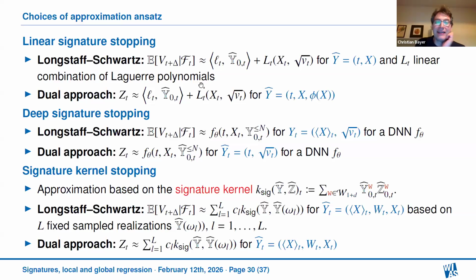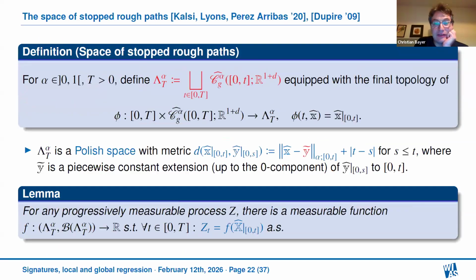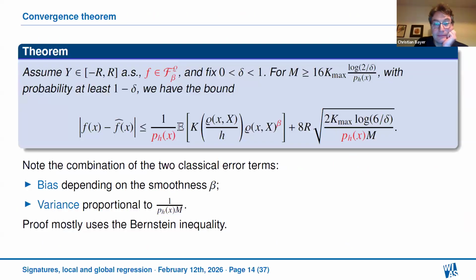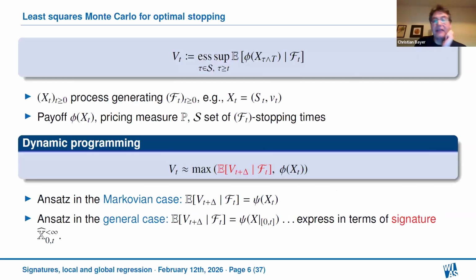So you mean in the context of the examples? Well, in the context of the examples, let me go to the beginning. I'm talking about this kind of situation. So I have a process. In this case, generically, think of the rough volatility model.